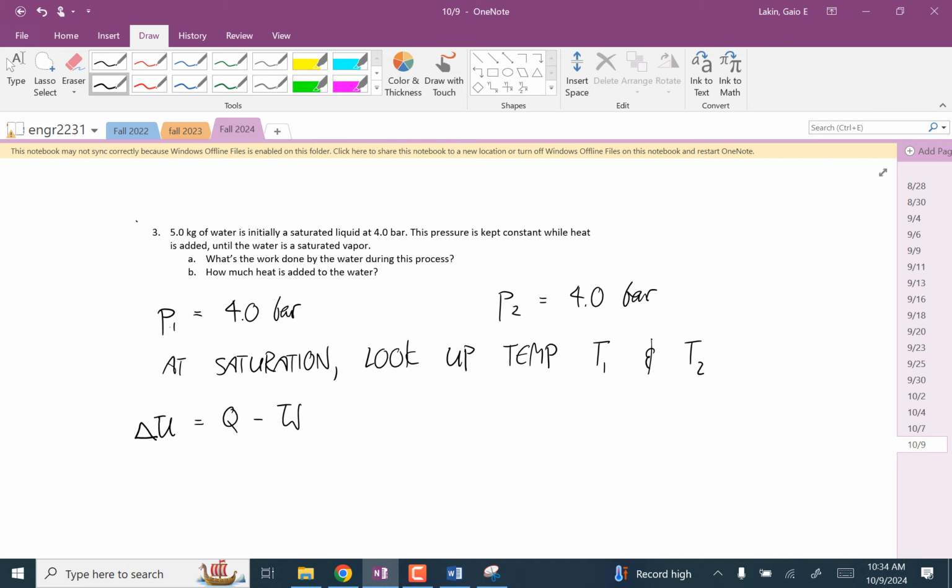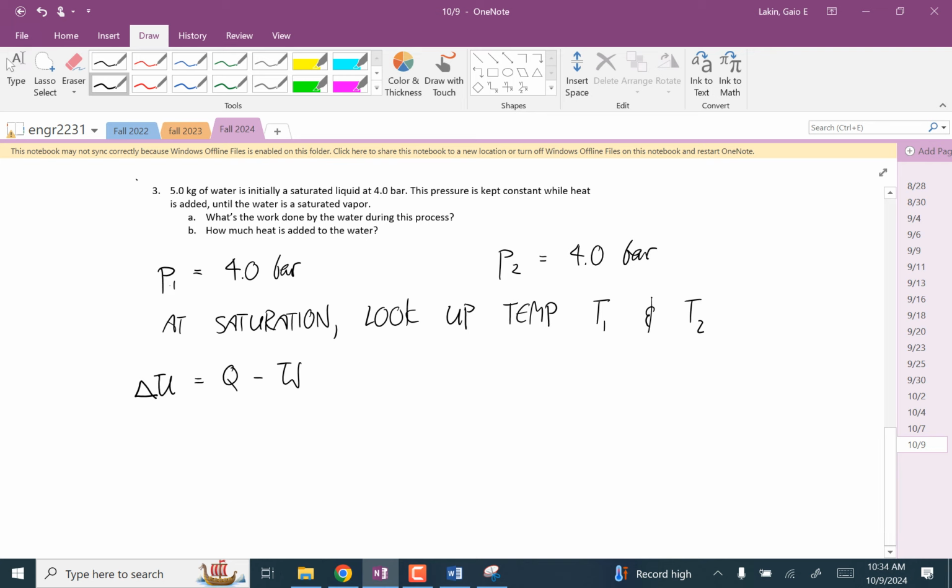So yes, what you were saying is exactly right. So you can look up the specific volume at both of those two cases. You mean specific internal energy? Well, maybe we'll have to get to that later. Don't look this up. Start out by looking up V1 and V2, okay? And that can take you to the volumes.